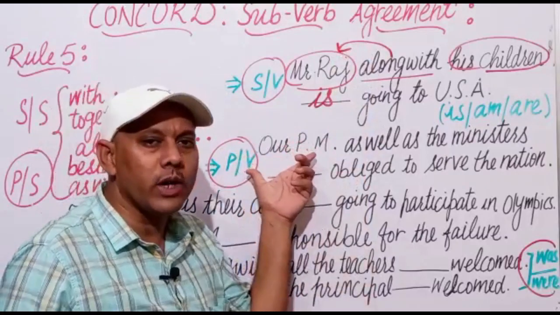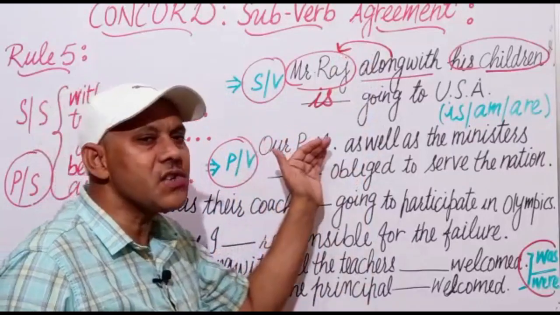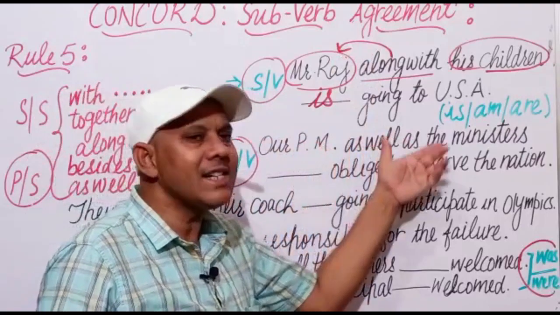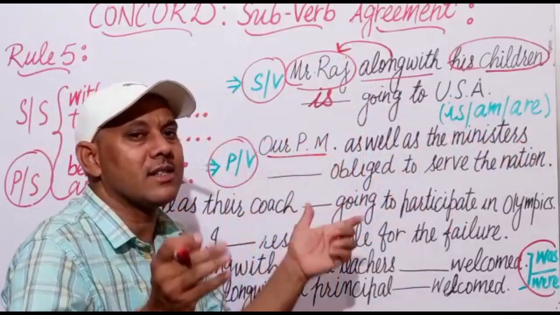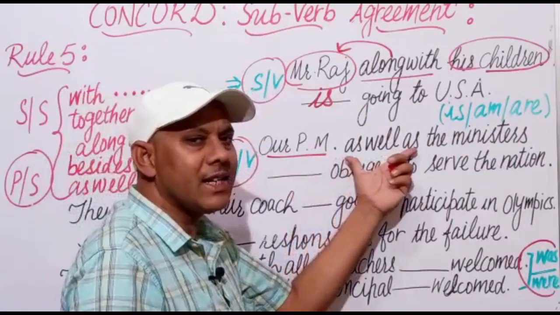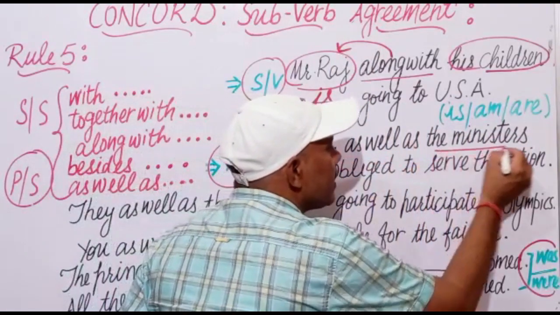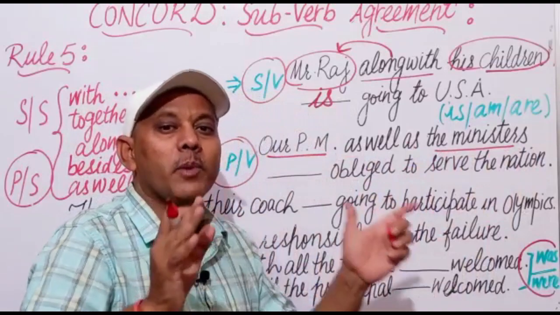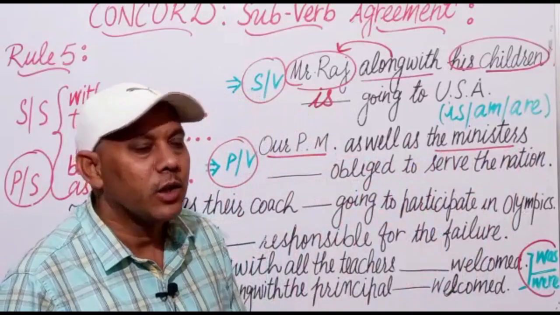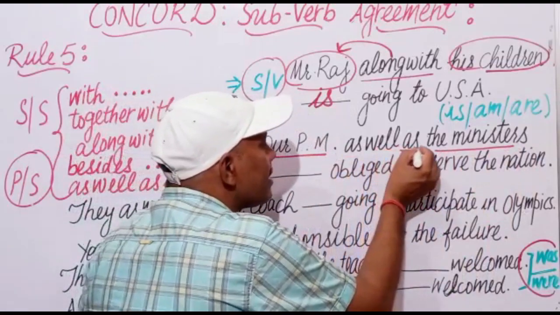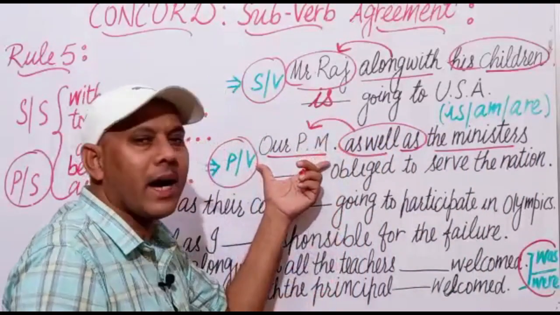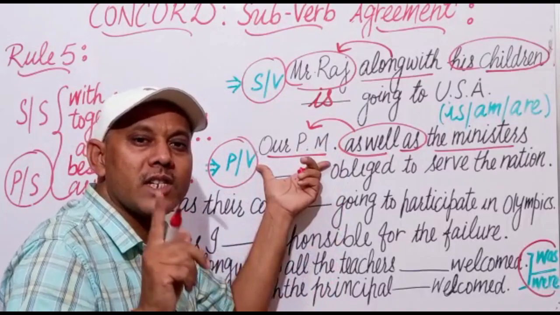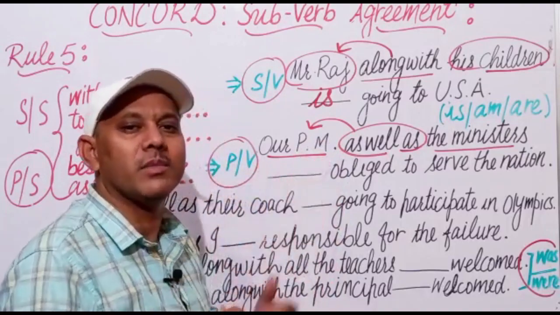Let us take one more example. Our Prime Minister as well as the ministers. Our Prime Minister is a singular subject, as well as the ministers is a plural subject. But because the phrase as well as is preceded by a singular subject, we shall use a singular verb.